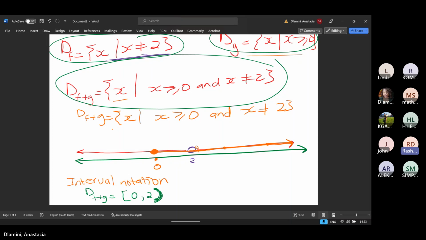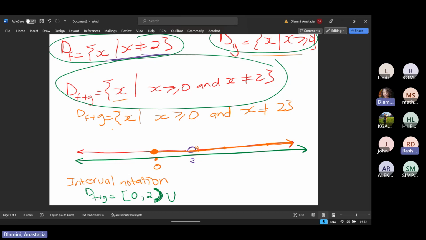Let me continue, which means union. So do I need to include negative infinity, because it does pass through the 0? So which means it will be negative infinity to positive infinity.